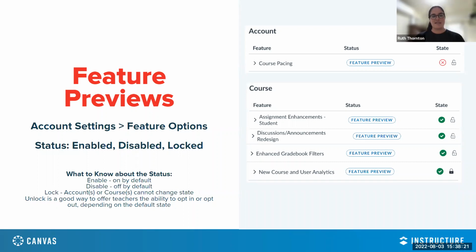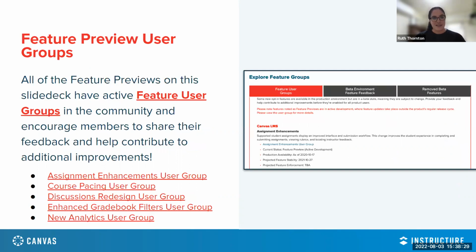When we talk about feature previews, just back on the previous slide, if that's okay, there are a number of different opportunities in terms of who can get involved, and the feature preview user groups are the way to do that. That is the method for how you can interact with these. These are available via the community. There are various links that you can see on here and how you can access those. There are a couple that are available at the moment, and a few of those we're going to be talking about today.